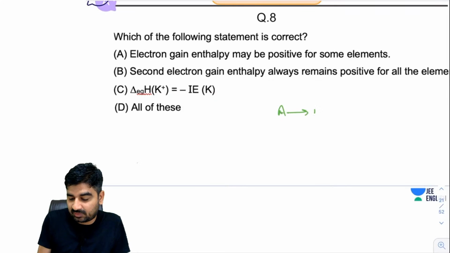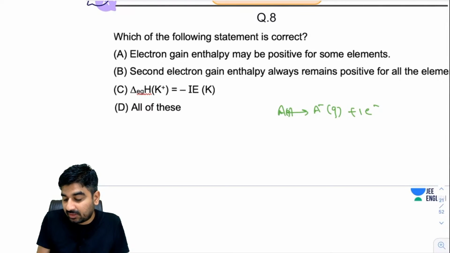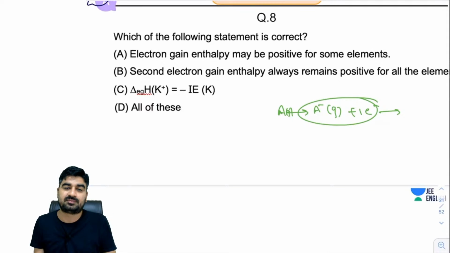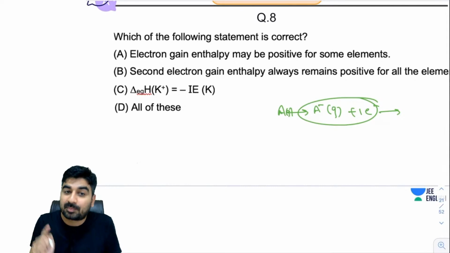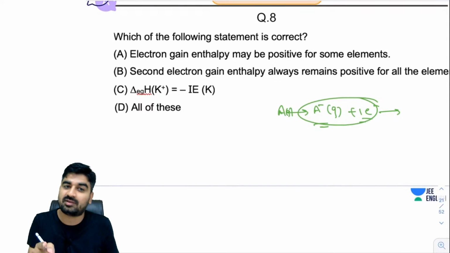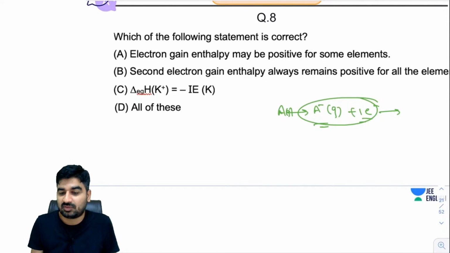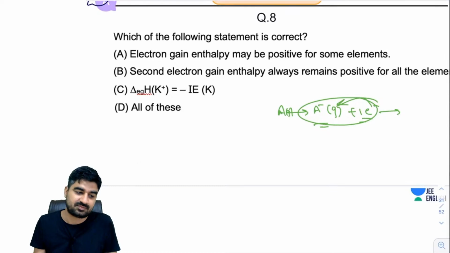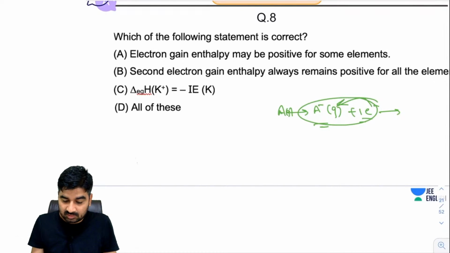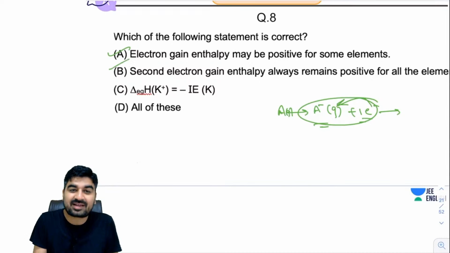Like I told you, if it gets converted into a minus gas, then adding a second electron will be tough. Why? Because negative charges will repel each other, and still if you want to add one electron, you have to provide that extra energy. So A and B are correct, and it is single correct.